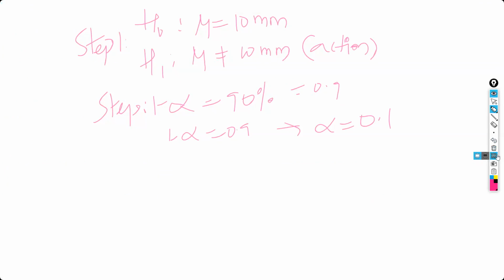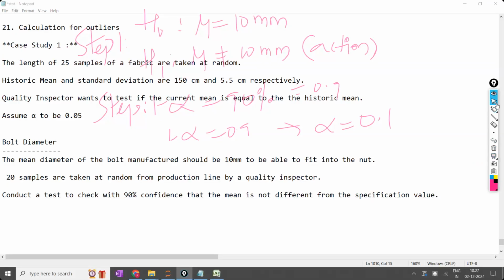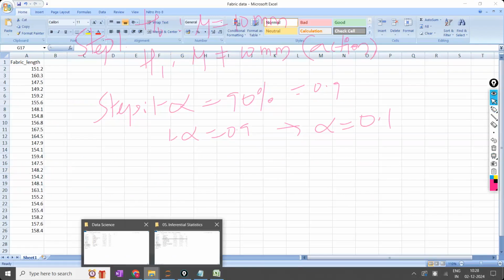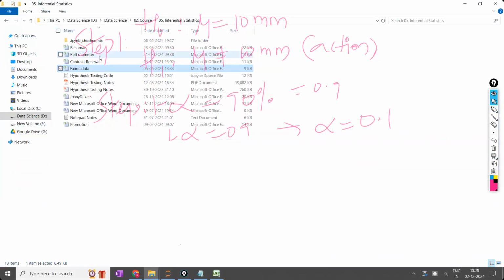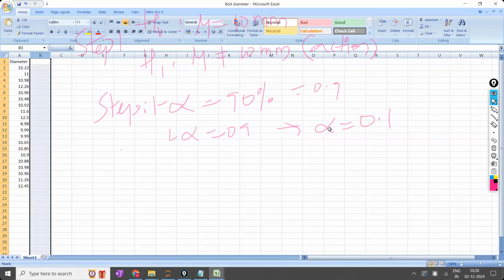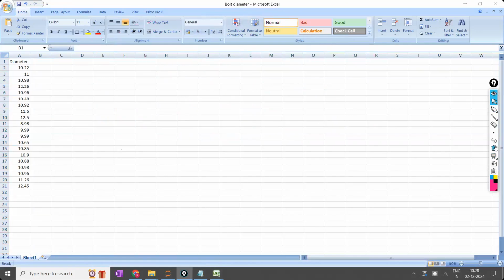Next, what is step 3? Check for normality. Data was given to us like this. This is the bolt diameter data. When the data is given to us, we have to load the data and check the skewness value.